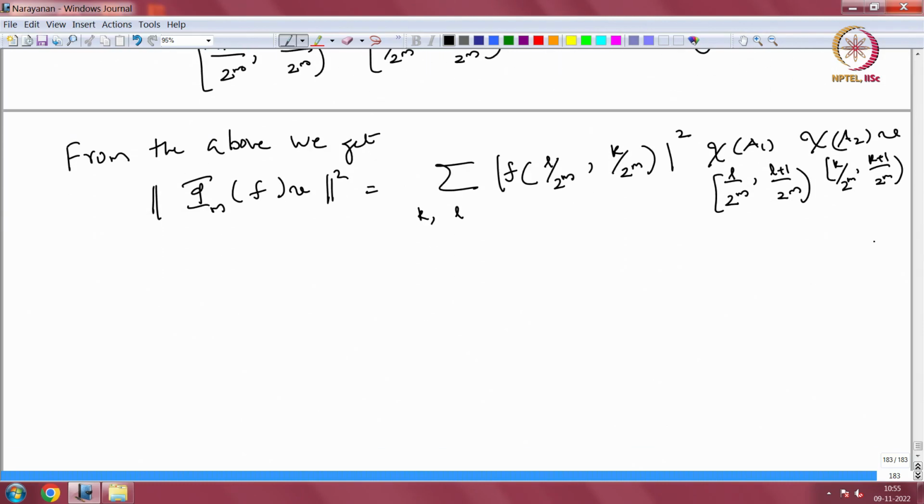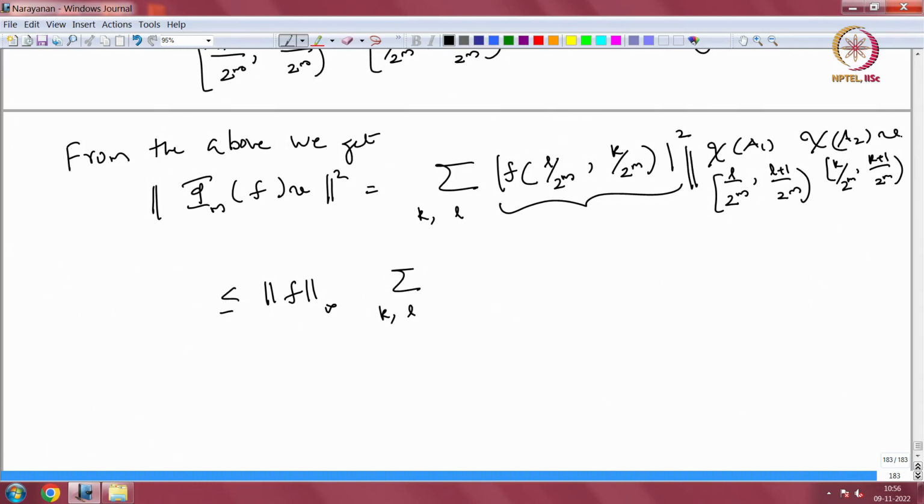So this is less than or equal to, I take the supremum of f outside. That is the L infinity norm of f, the supremum norm of f, over the interval minus 1 to 1 cross minus 1 to 1. Remember f is a continuous function in two variables, and what remains is the sum over k and L. Okay, I should have written norm square, sorry.